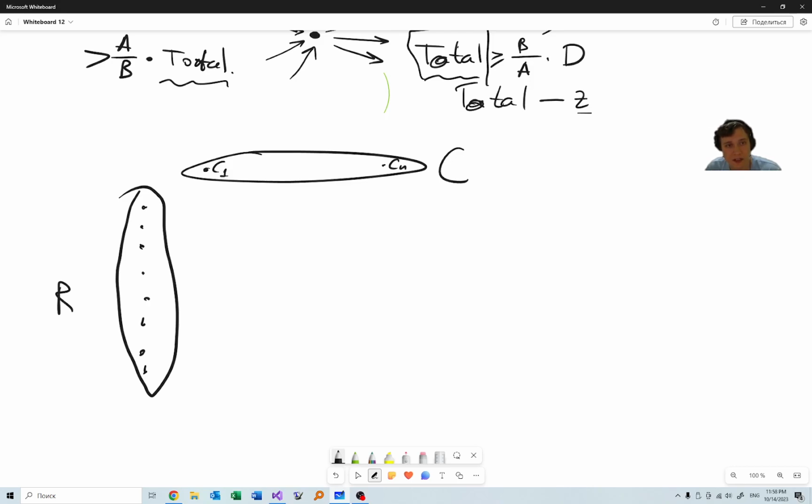Let's do something. So again, first of all, we are checking whether it's just possible. So first of all, we just need to check that with bandwidth D, this is possible. So how do we do it?